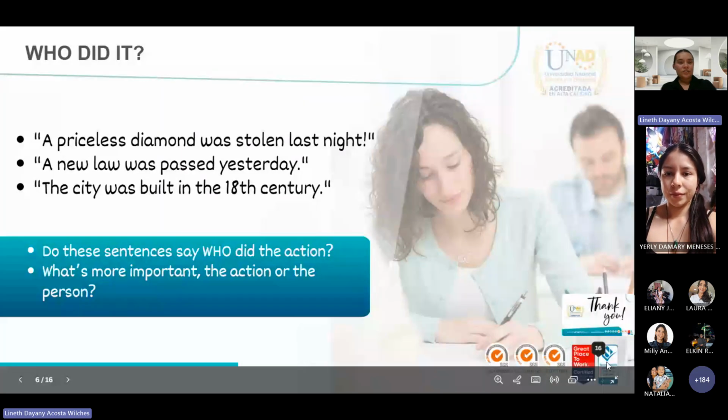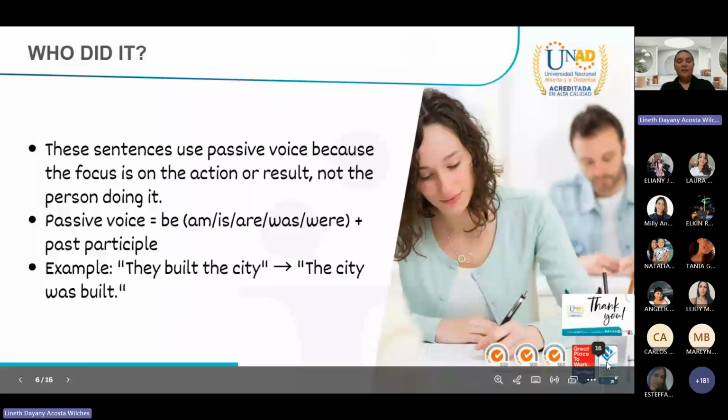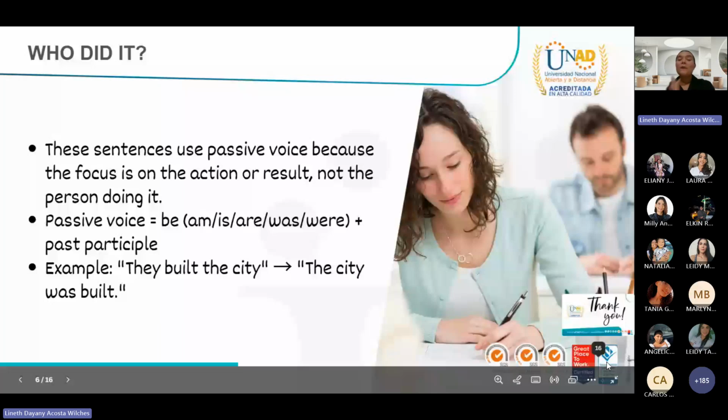So we're going to touch a little bit on passive voice. I think we have been working on this during this period. These sentences use passive voice because the focus is on the action or result, not the person doing it. So this is a small rule or structure about passive voice, and the important thing here is that you have to use the verb to be, according to the verbal tense, so it changes if it is am, is, are, was, were, plus the past participle of the verb.